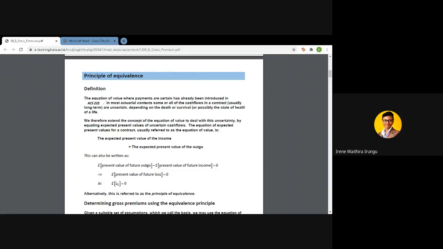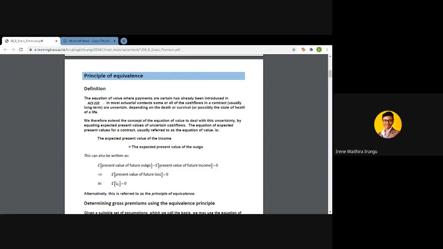So you're able to see what we refer to as outgo. This is in terms of the benefit payouts for our assurance contracts, and the future income, we expect it in terms of premiums. So that outgo are the benefits.